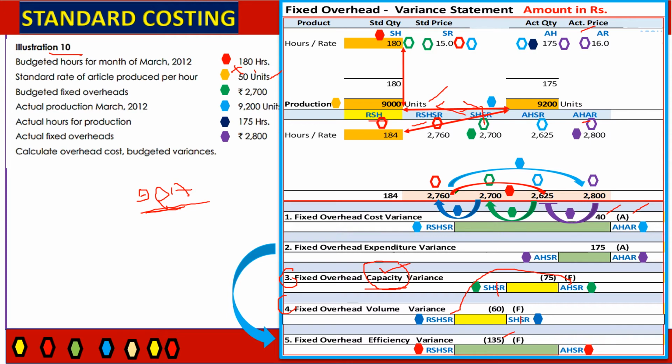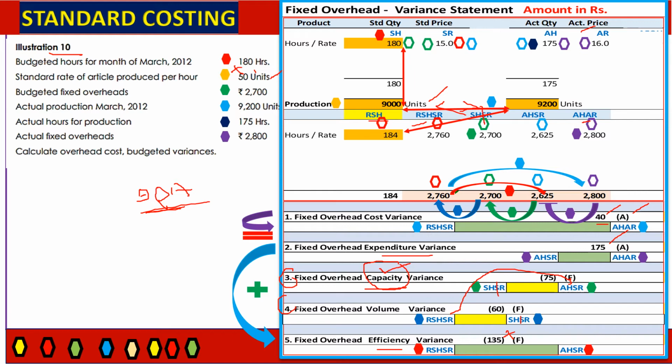And as we have seen, item number 2, expenditure variance plus efficiency variance. Expenditure variance is 175, efficiency variance is minus 135. When you add these together, you get 40, which is nothing but fixed overhead cost variance.